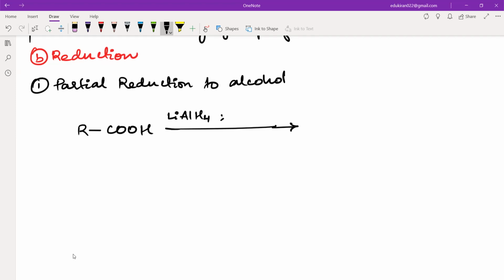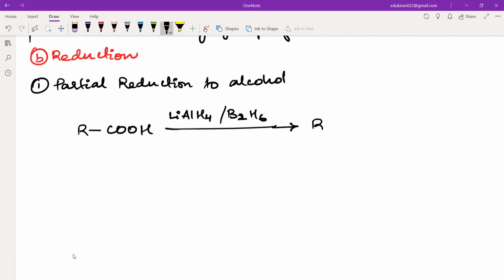Ether is the solvent, not a reagent, so you don't need to write it. You can either use LiAlH4 or you can also use B2H6, diborane. Both of these are going to give you alcohol.